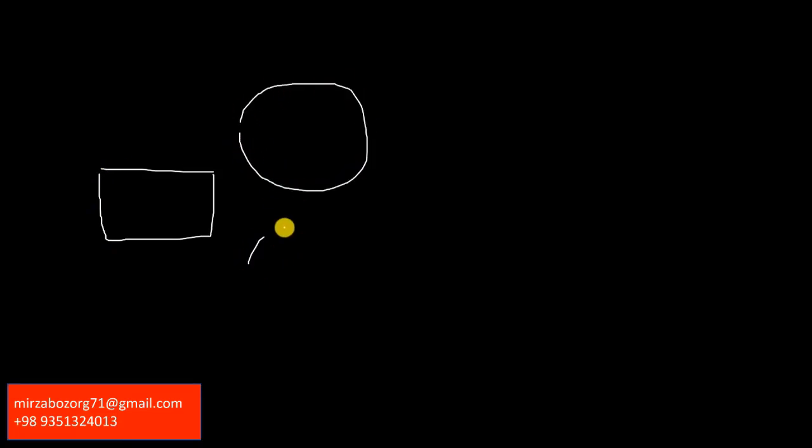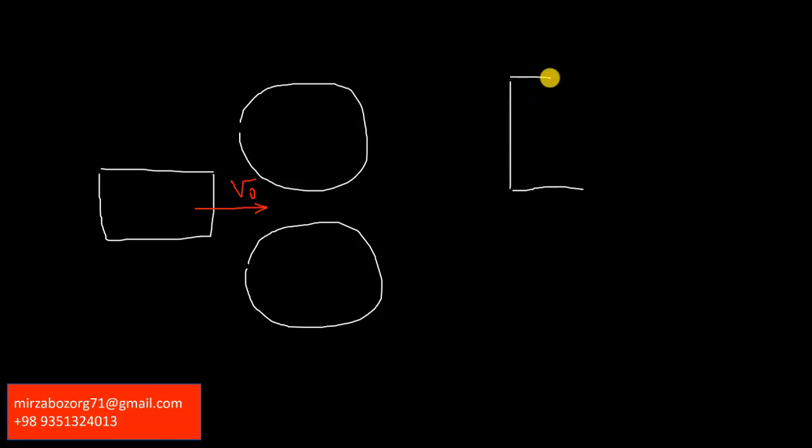The problem is this. We have this thick plate. We have 2 rollers, okay? And it passes through the rollers with the initial velocity. And here we have it from another point of view. This is the first roller, okay, this is the second roller.